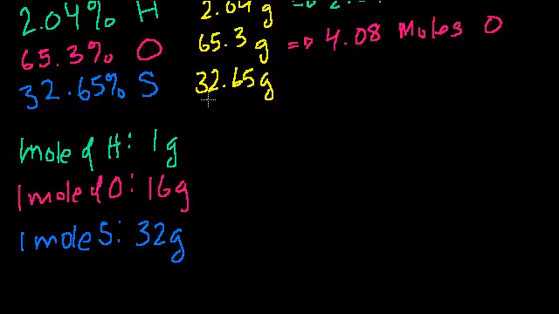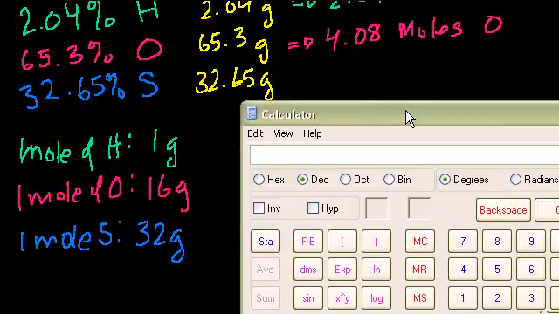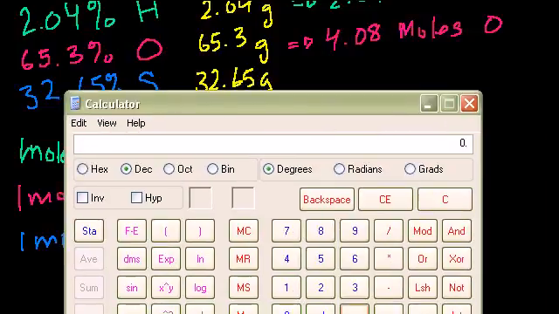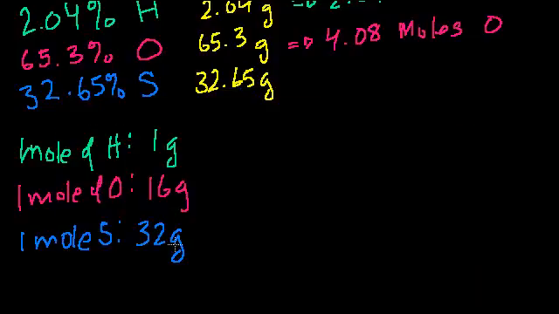We have a little bit more than 1, but let's be precise. We have 32.65 grams of sulfur, and we divide by 32 grams per mole. We have 1.02 moles of sulfur.